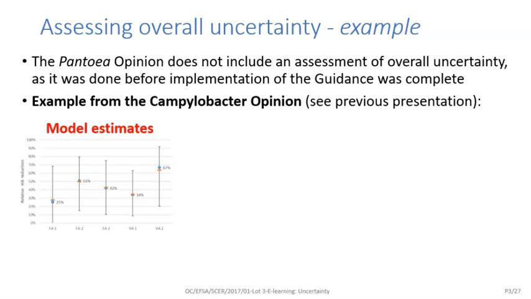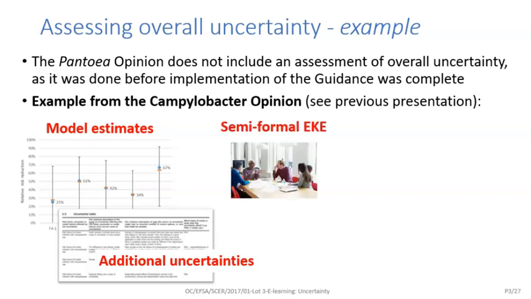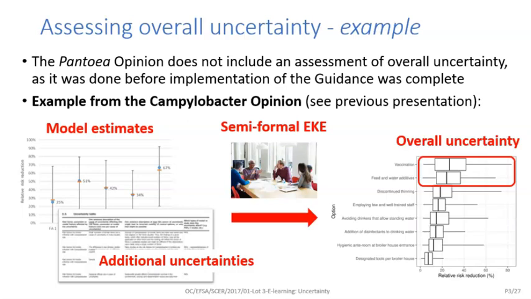The panel used a model based on experimental data to estimate the effectiveness of two control options, vaccination and feed additives, which quantified some of the uncertainties involved. The panel also identified a number of additional uncertainties, including extrapolation from experimental to field conditions. These were combined by expert judgment to assess the overall uncertainty for those two control options.